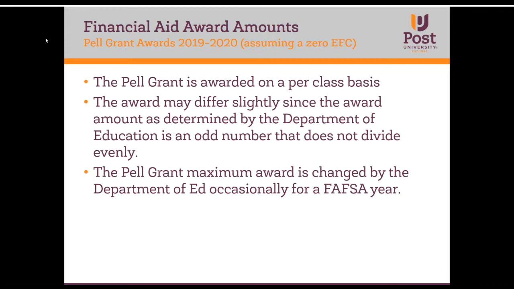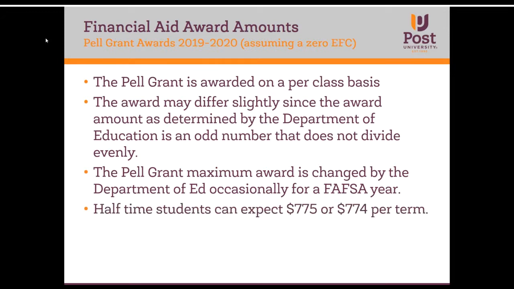So we have to alternate to make sure that you get all the funding that you're eligible for. Each year, the Pell Grant is examined by the Department of Ed and by the executive branch of our government. And when they create a budget, oftentimes it's increased. We don't know what the 2020, 2021 Pell Grant's going to look like. The past couple years, they have increased it, but that doesn't guarantee that it'll go up.